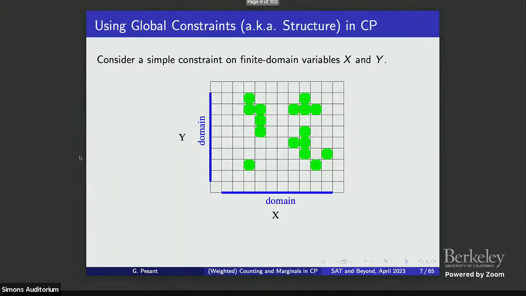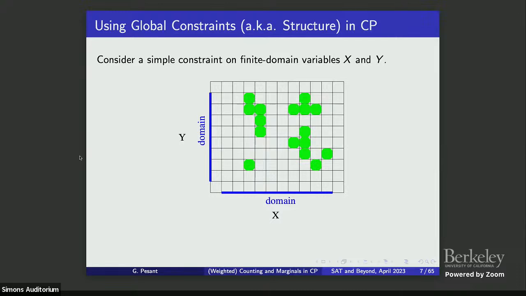Okay, simple example here. Let's say you have a binary constraint over variables x and y. Every row in that grid represents a possible value for y, and a column a value for x. Let's say that the green dots represent the solutions to that particular constraint.